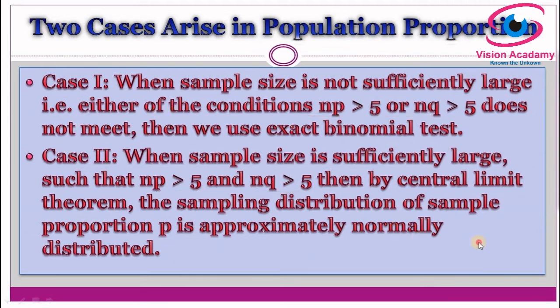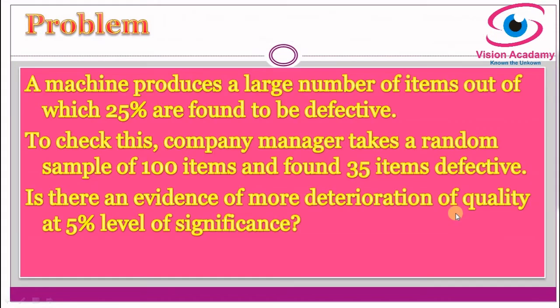Then let us have a problem for testing a hypothesis under population proportion. In this problem, a machine produces a large number of items, out of which 25% are found to be defective. So 25% of the total production by the machine are defective. Now the company manager wants to check this.